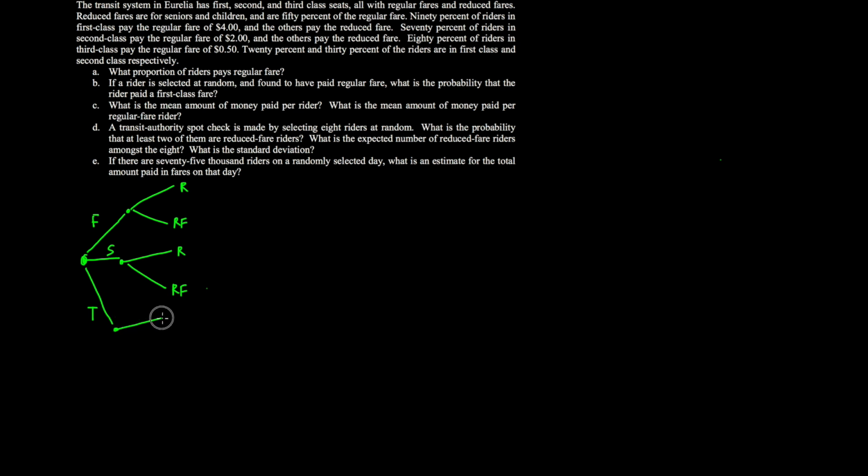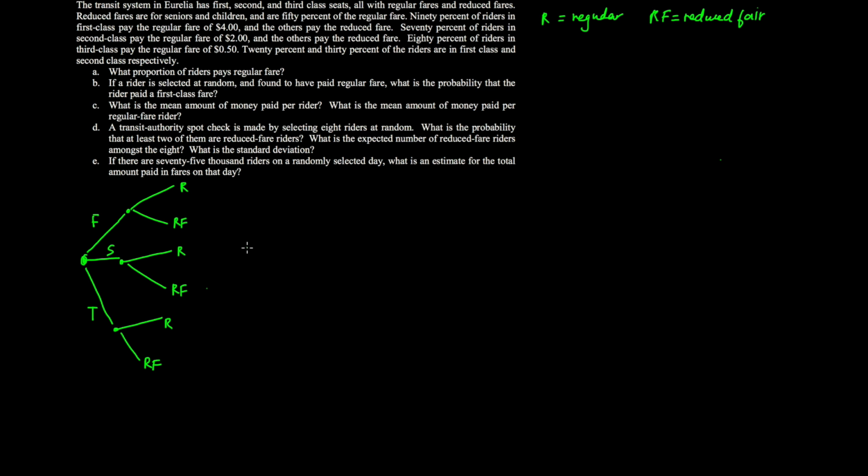And given that you're in third class, you'll either pay regular or reduced fare. So I'll put the little legend up here so nobody gets confused. R is for regular, RF is for reduced fare, and FST is first, second, and third class.